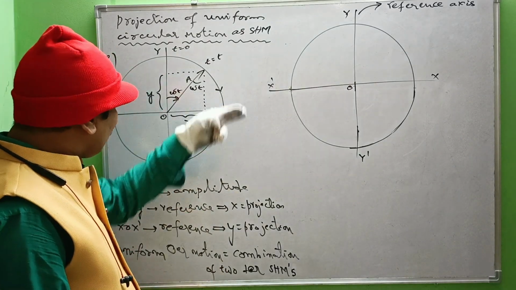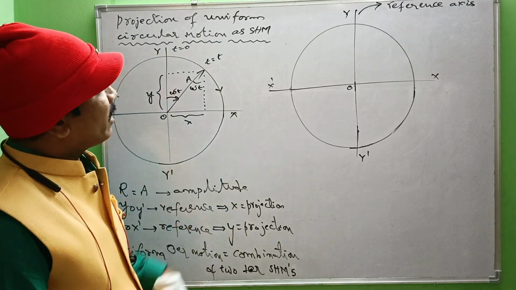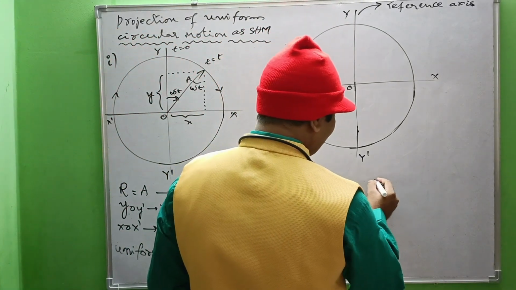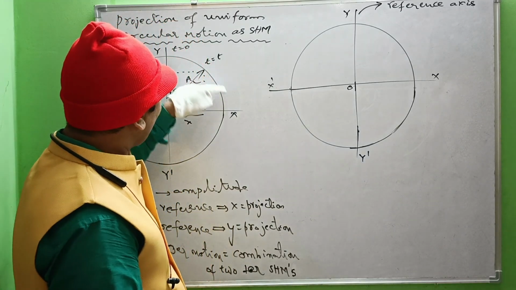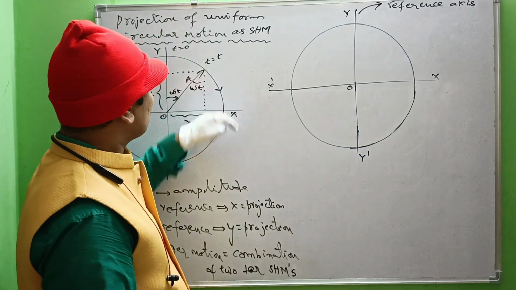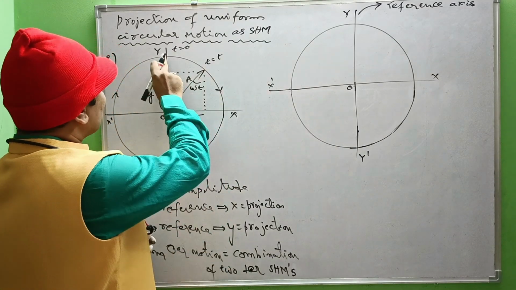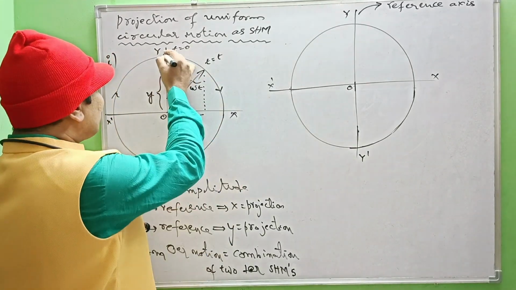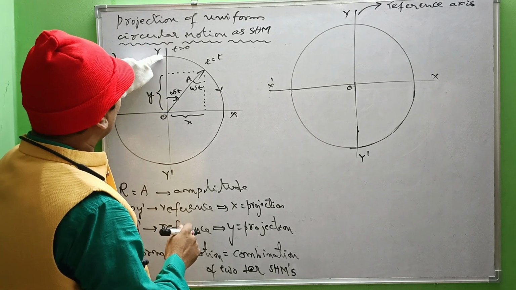Now, during the revolution of the particle along the circular path in clockwise sense, see from the y axis to the x axis. From this position to this position, what happens? It moves along the first quadrant like this. Now, y becomes from 0 to radius.